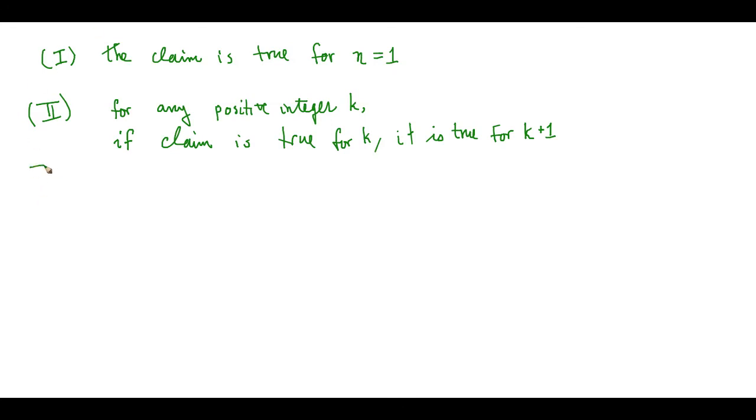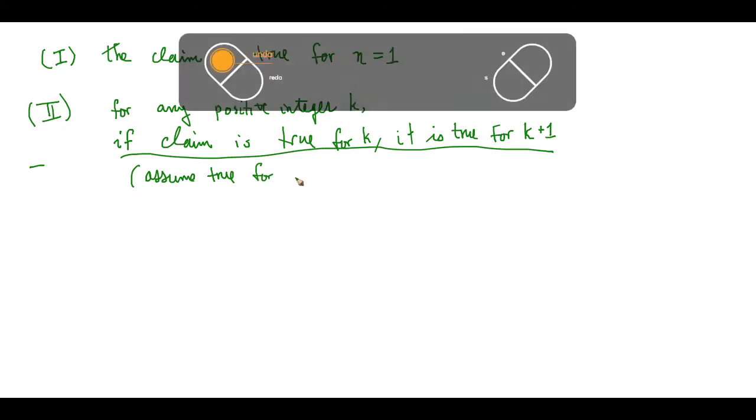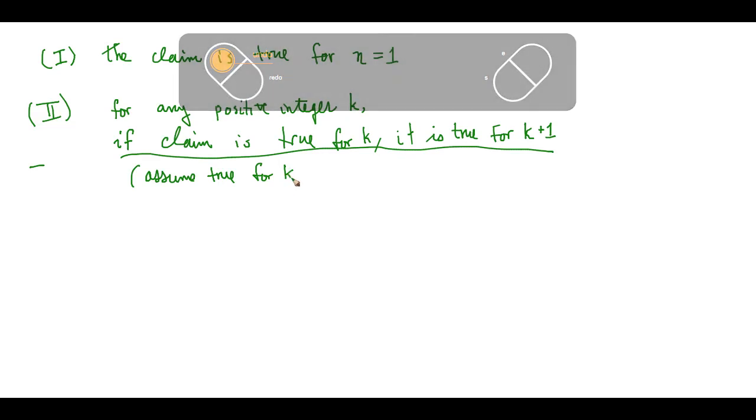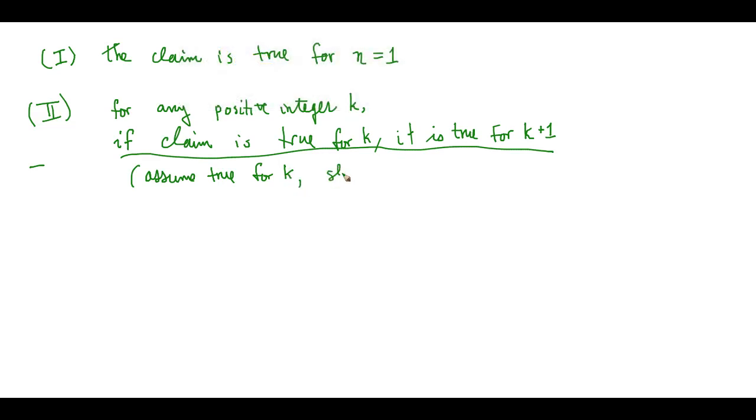And I should say one more thing. This statement here, if the claim is true for k, it is also true for k plus 1, is basically saying assume true for k, and then we want to show that it is true for k plus 1.